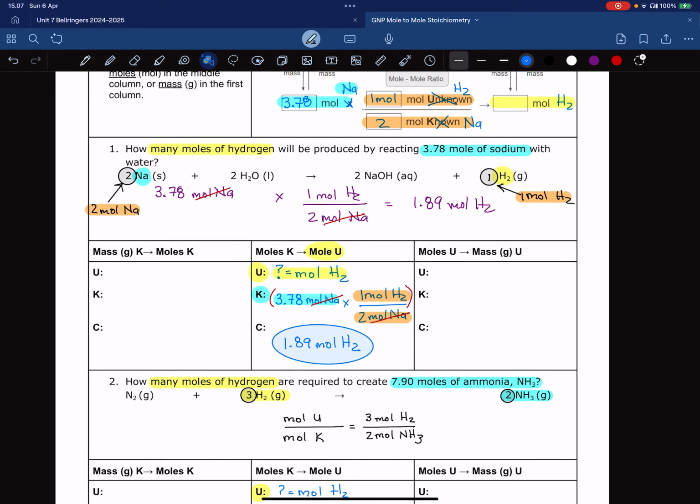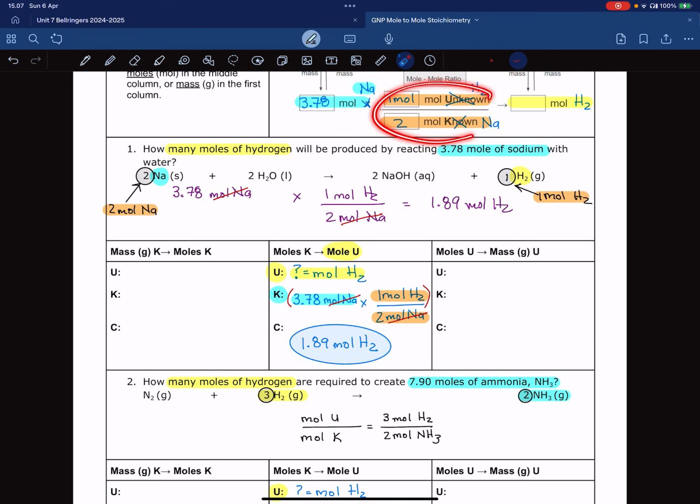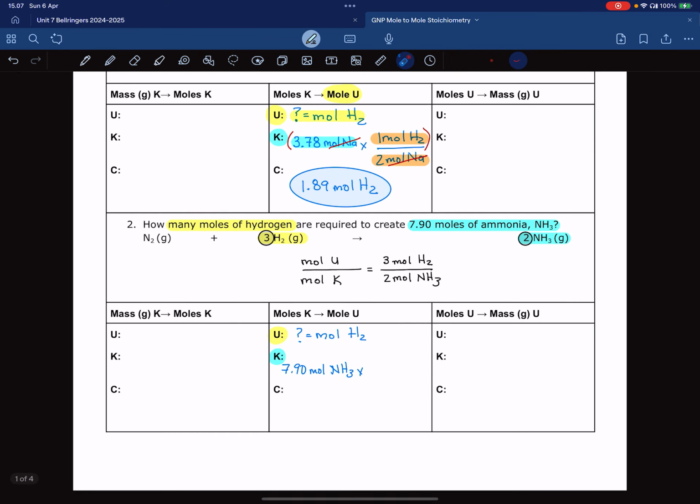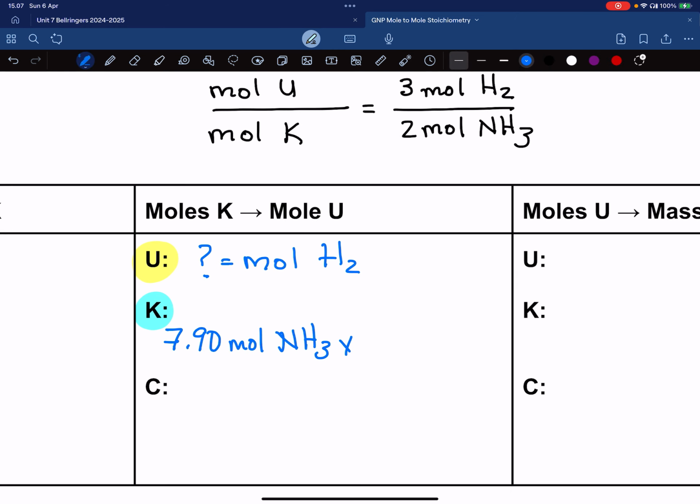So when we multiply by our mole ratio, we're going to get 3 moles of hydrogen over 2 moles of ammonia.